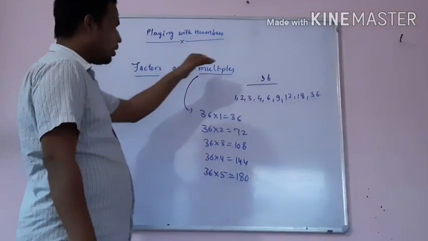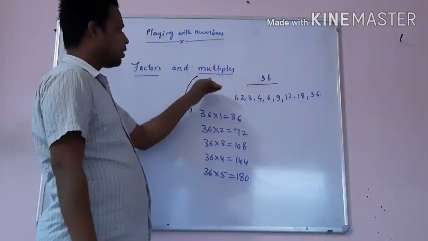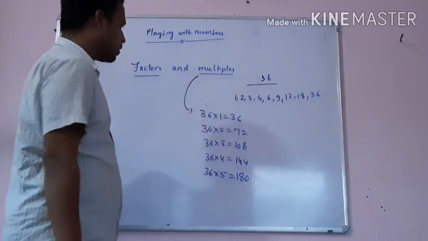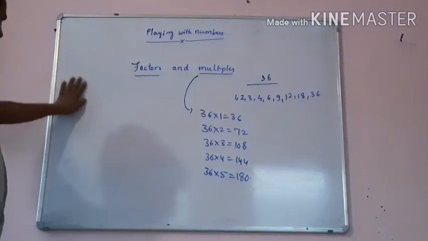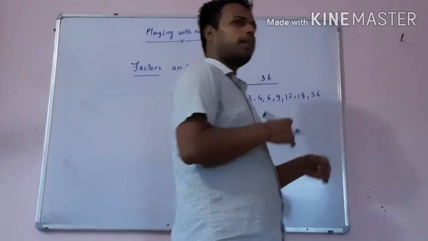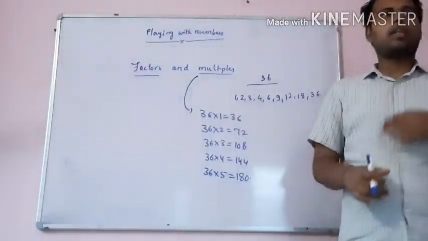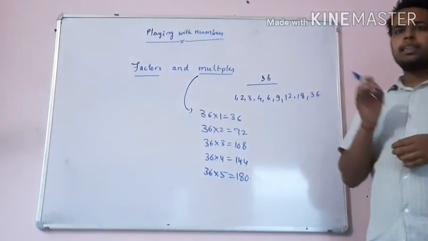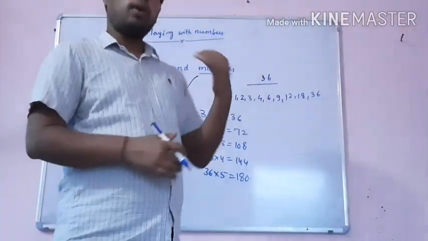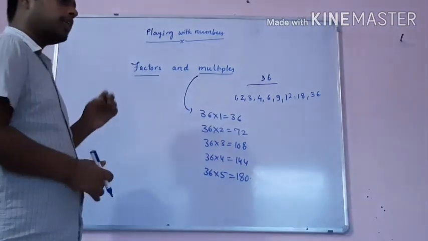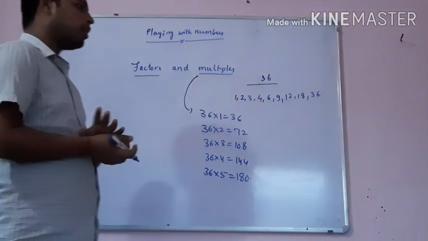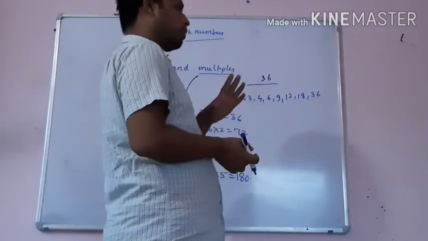So you have seen here an example of the factors of 36 and multiples of 36. One thing to remember is that 1 is known as the universal factor, because each and every number is divisible by 1. And each number is divisible by itself.